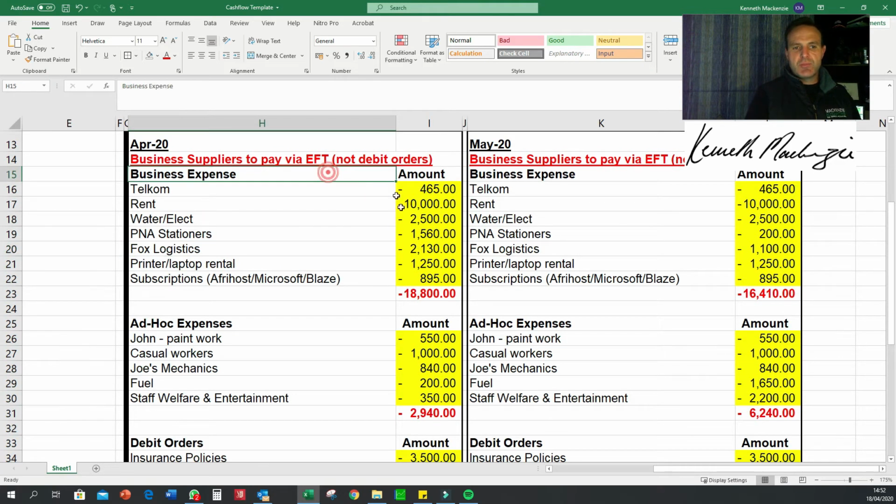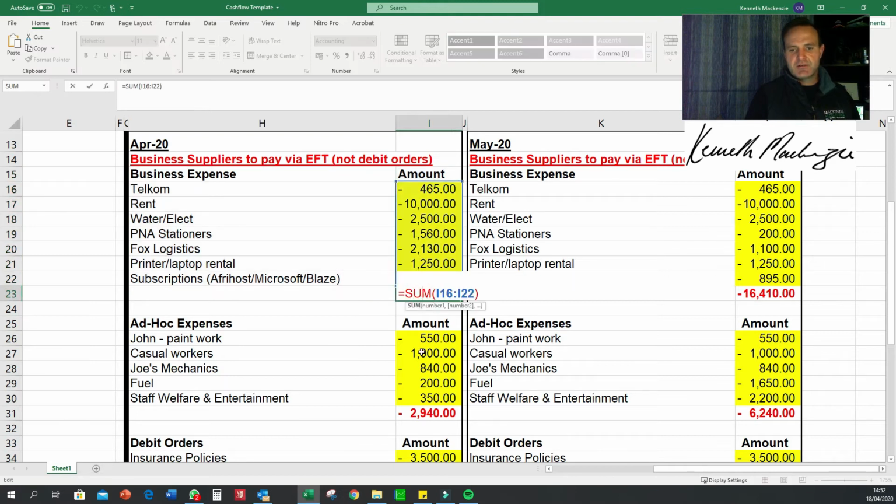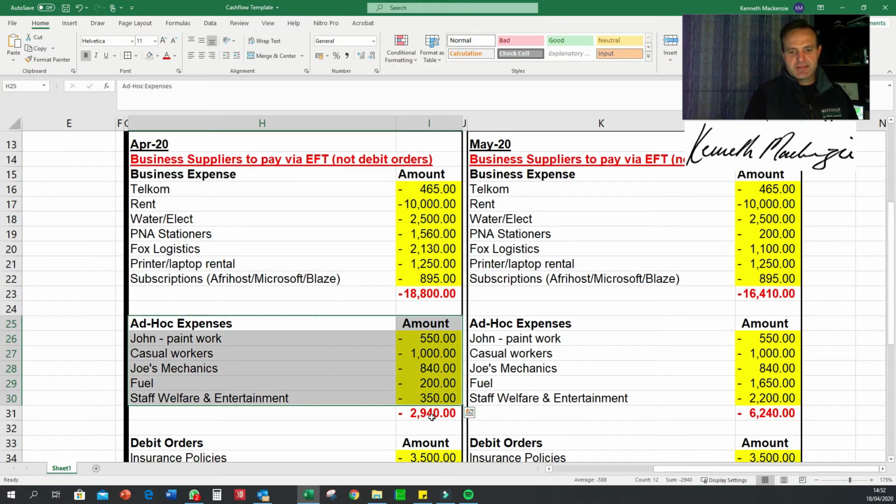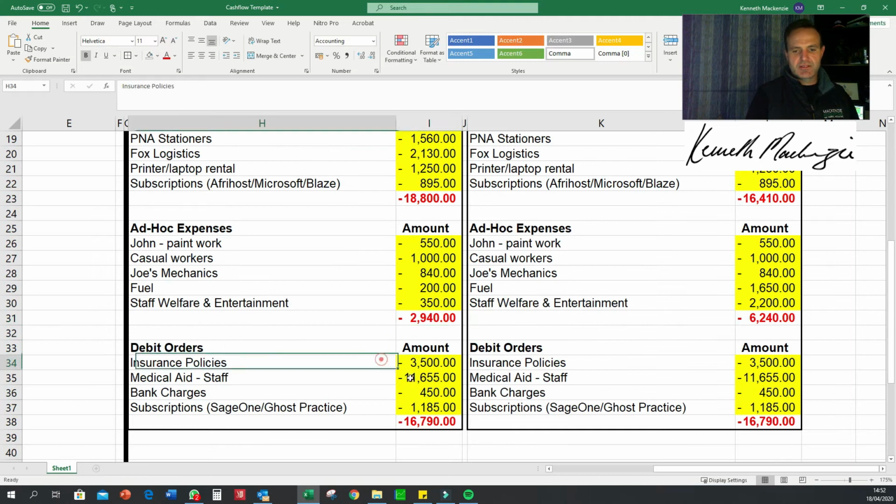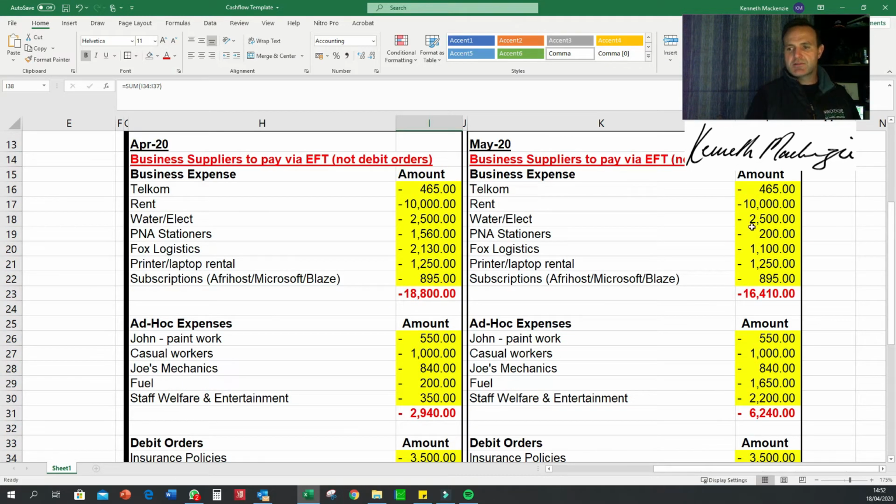These will be your monthly business expenses and they total, your ad hoc expenses and they total, and your debit orders and they total. So make sure that all of them total. You've listed them here in April and in May, right? And of course, you're going to go through each business expense here and make sure that you verify these figures with either a statement or a figure that you know you must pay, right?